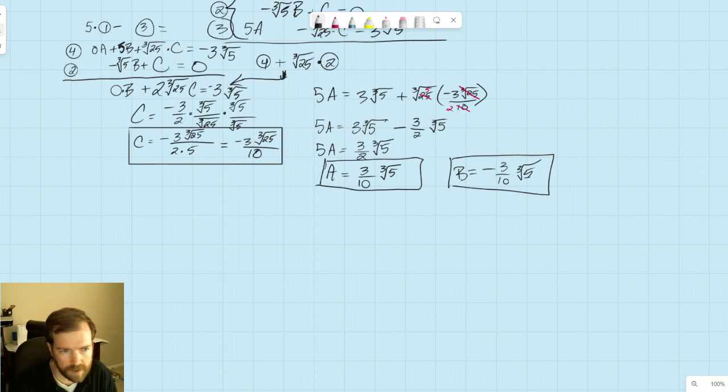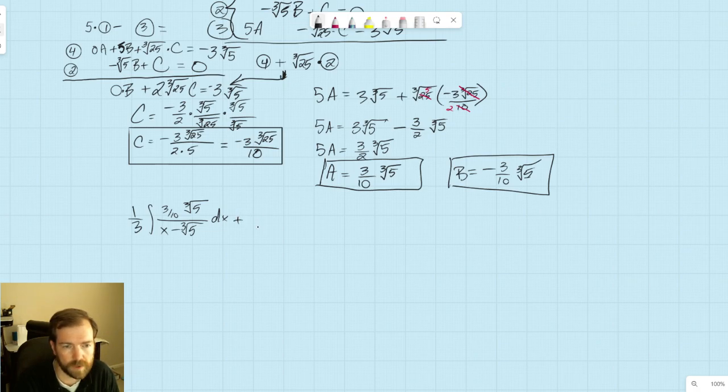So this is going to be 1/3 times the integral of a, well, it's going to be 3/10 times the cube root of 5 divided by x minus the cube root of 5 dx.